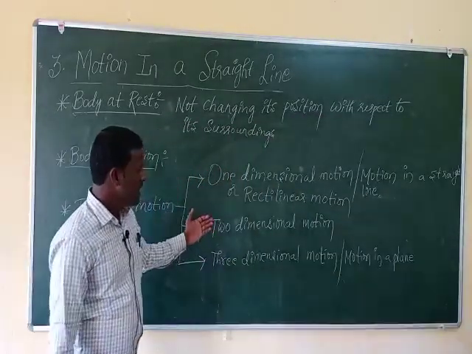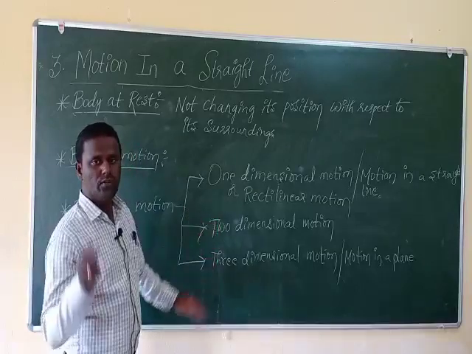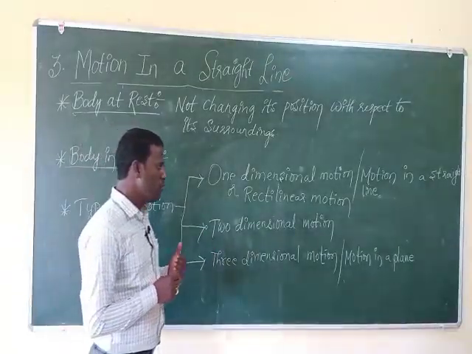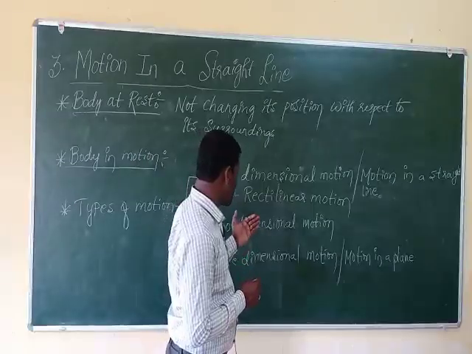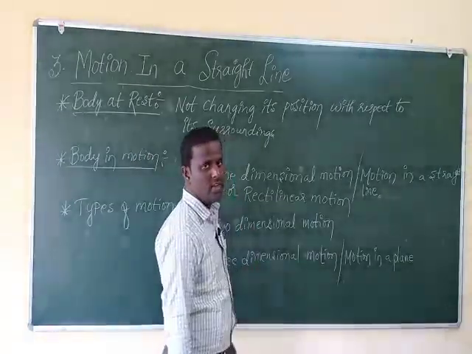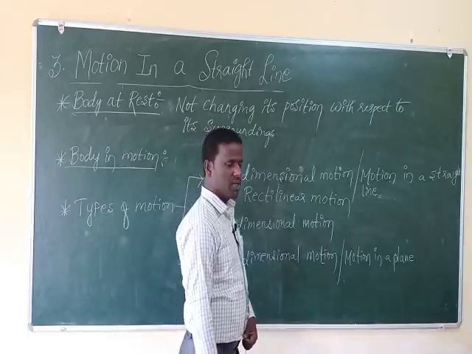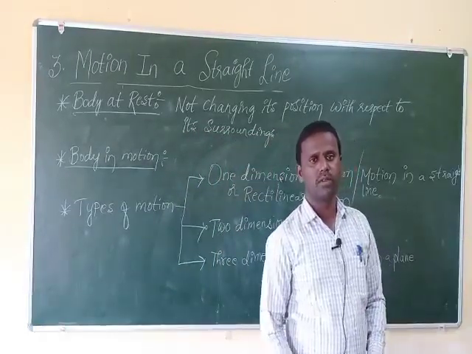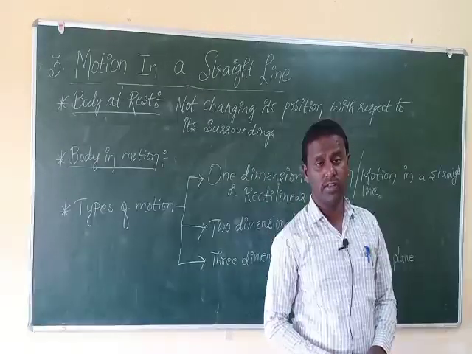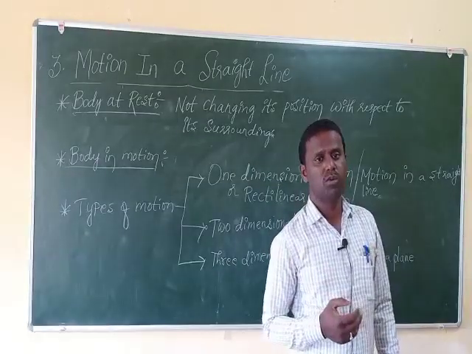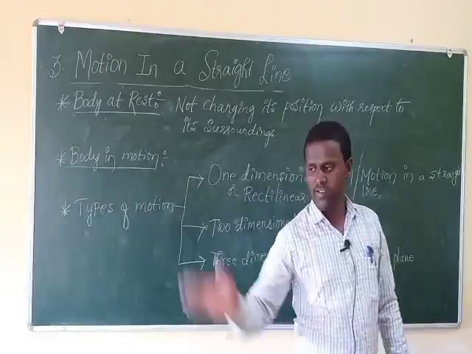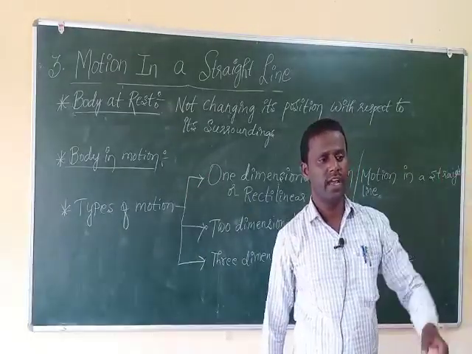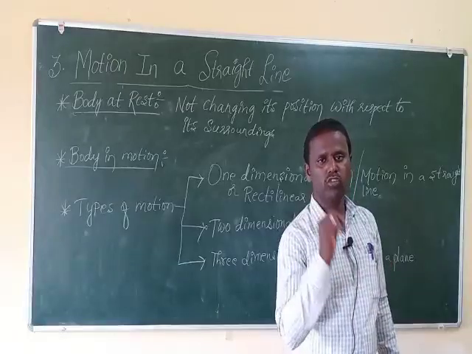Two-dimensional motion. If the body moves in two directions, then its motion is called two-dimensional motion. For example, movement of a boat is almost two-dimensional motion. See here, x-axis, negative x-axis, z-axis. So it follows two directions.